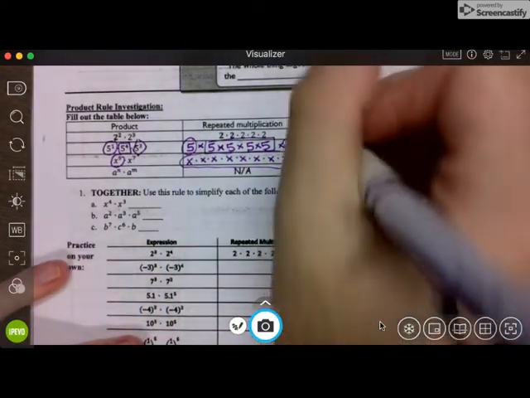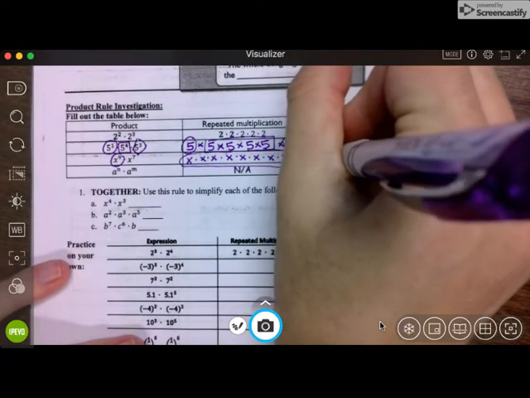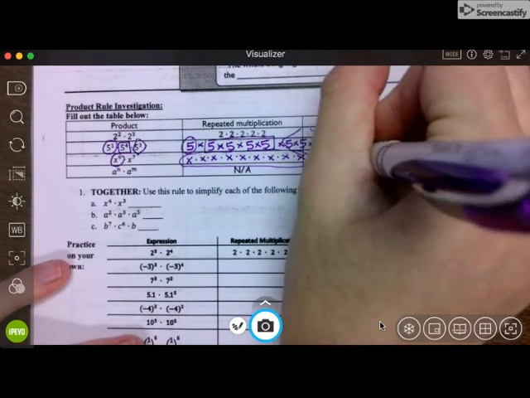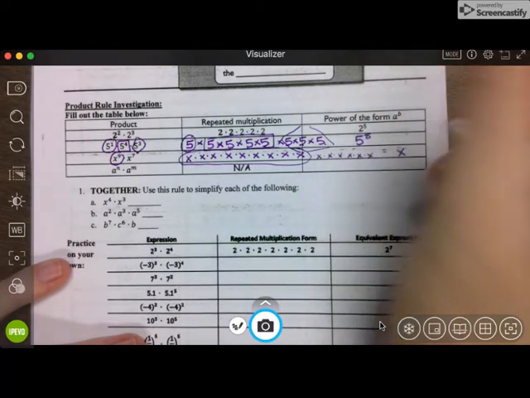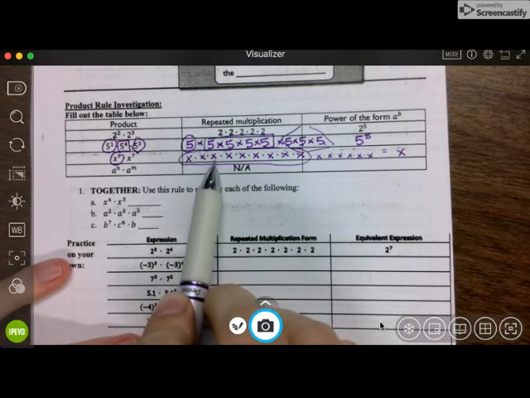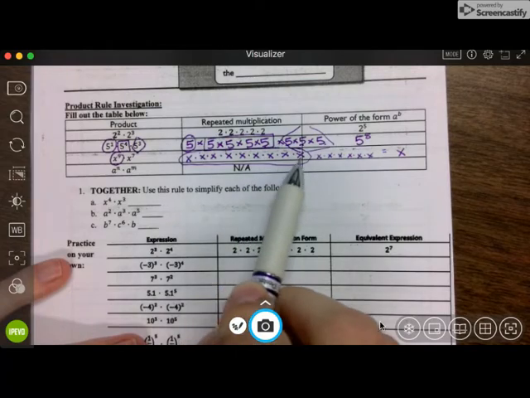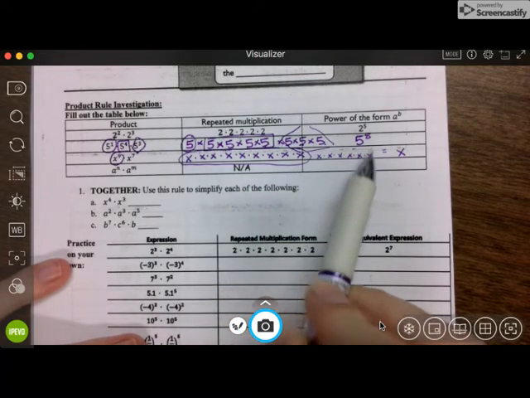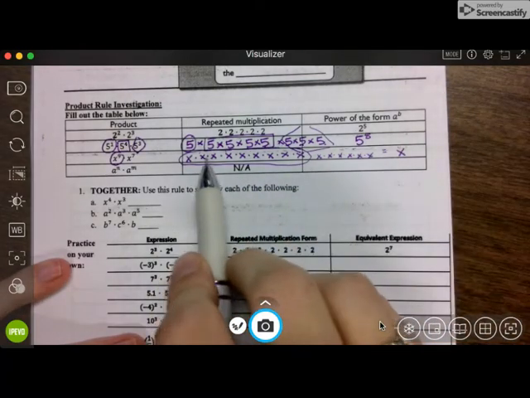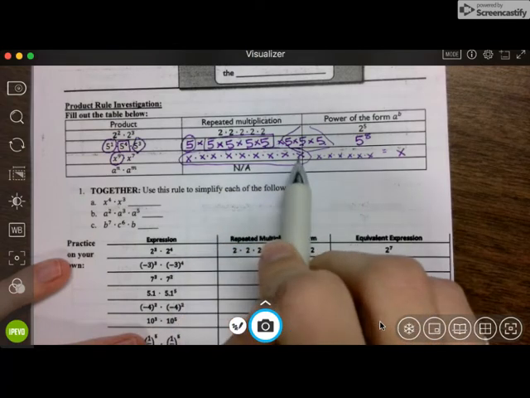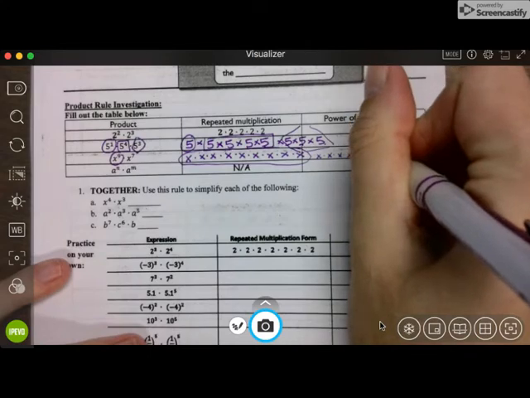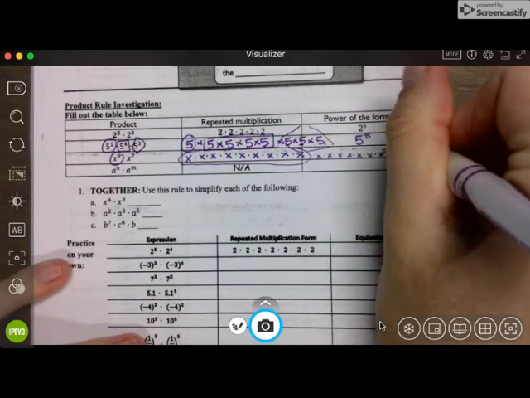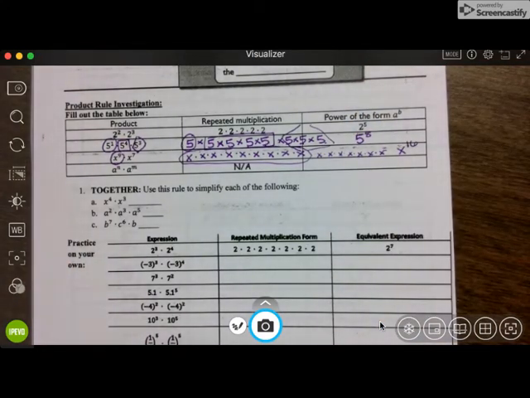There's 7, there's 9, and then we have 7 of them. So, how many x's is that? So that's x to the 16.